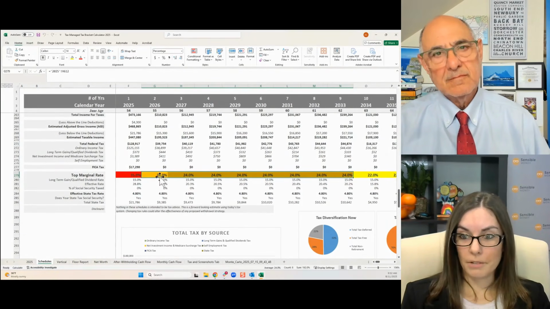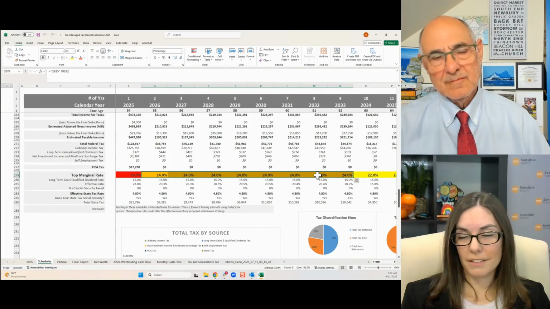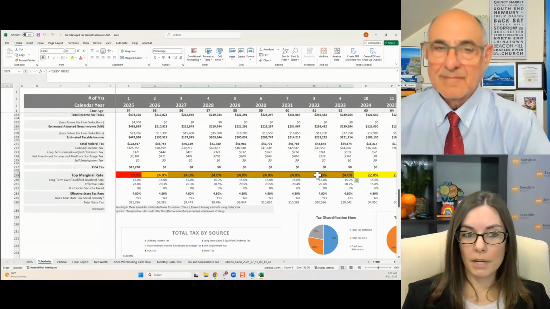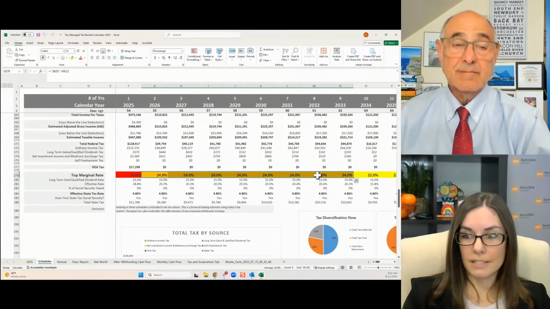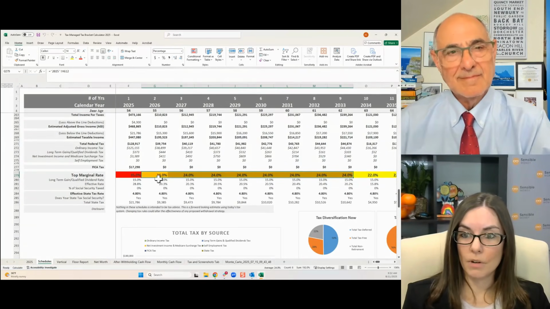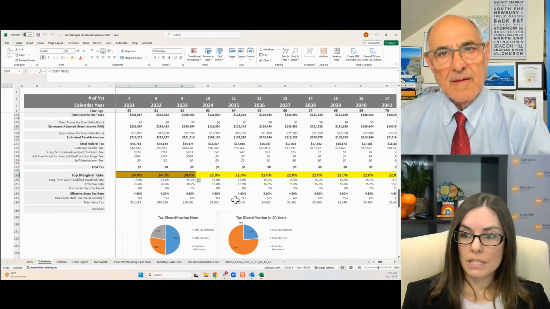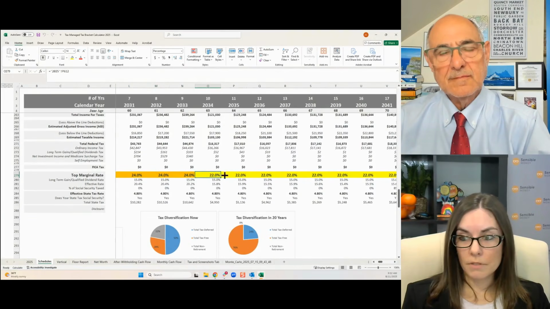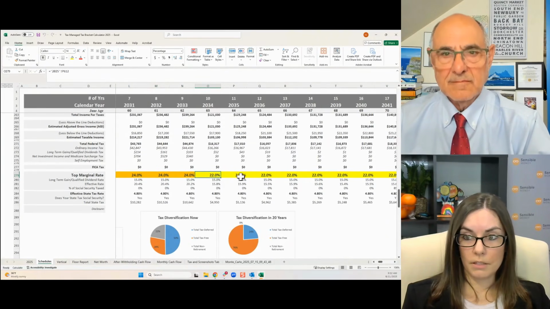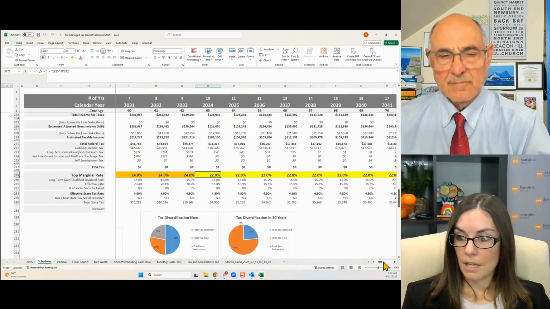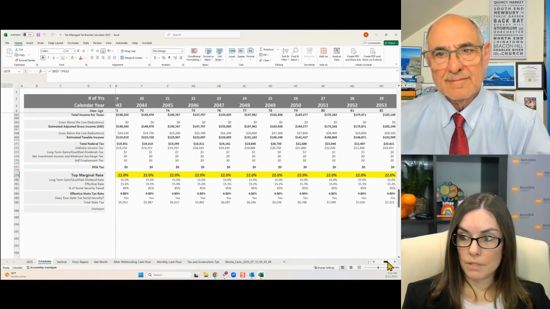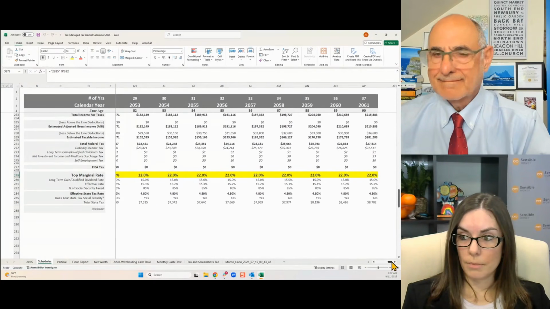You were right on the money. 24% we fill up for it. It's not really filling up the 24% bracket. It's filling up the lowest Medicare. Well, in this case it is because she's not on Medicare yet. So filling up the 24% bracket, then reducing that and filling up most of the 22% bracket, but really trying not to trigger IRMAA. And then you see just the 22% tax bracket for the remainder of retirement.